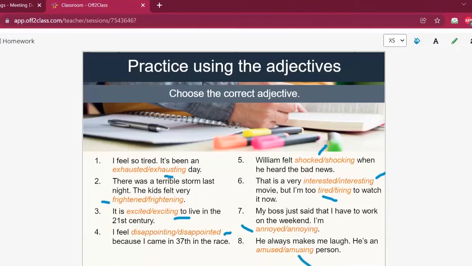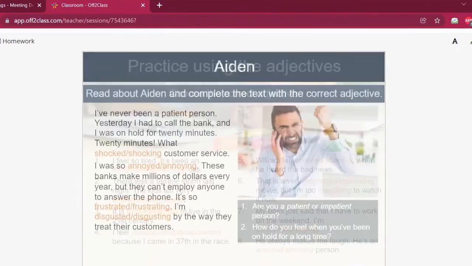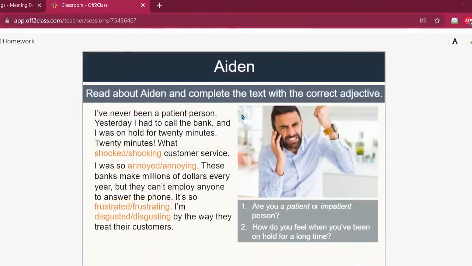Very good. Let's go to Aiden now. Fatma, you can read. Read about Aiden and complete the text with the correct adjectives. I want you to read and tell me which one you are going to use. I've never been a patient person. Yesterday I had to call the bank and I was on hold for 20 minutes. What shocked customer service. I was so annoyed.